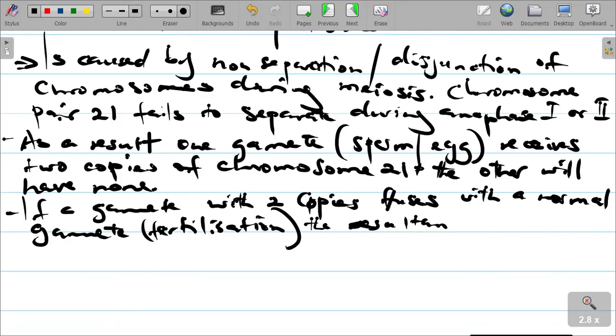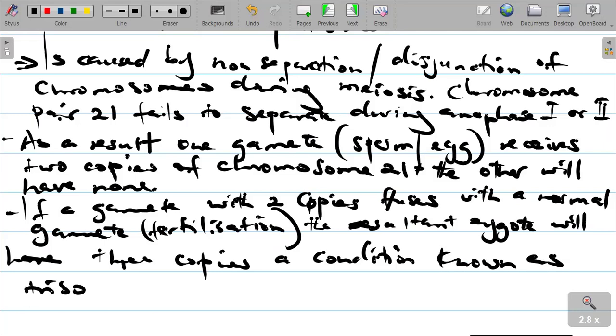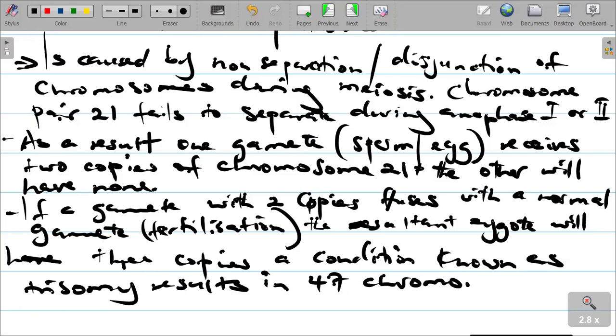The resultant zygote will have 3 copies of 21, a condition known as trisomy, which results in 47 chromosomes instead of 46.